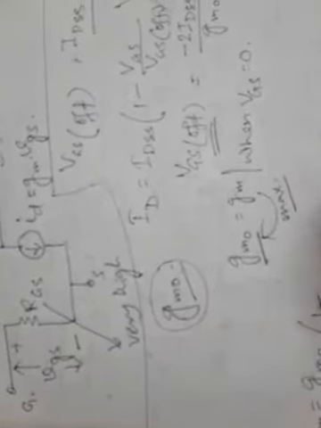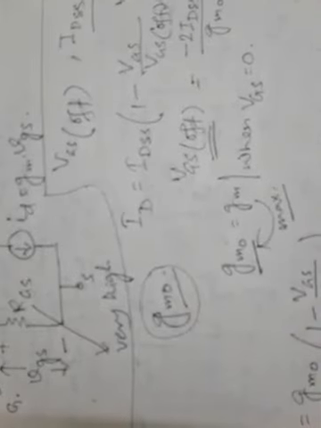Now if VGS is negative, Gm will be decreased because the conductivity of the channel will be decreased, and so we can use the equation for calculation of Gm for any value of VGS as Gm equal to GMO into 1 minus VGS by VGS off.